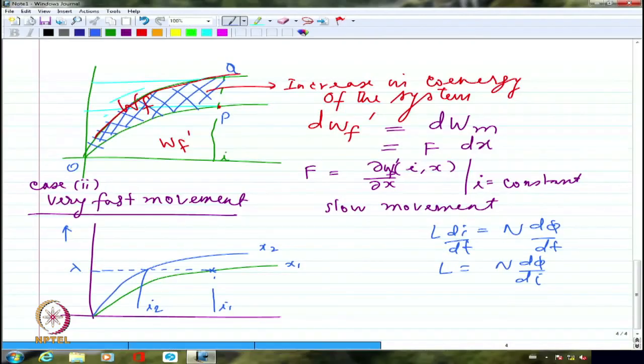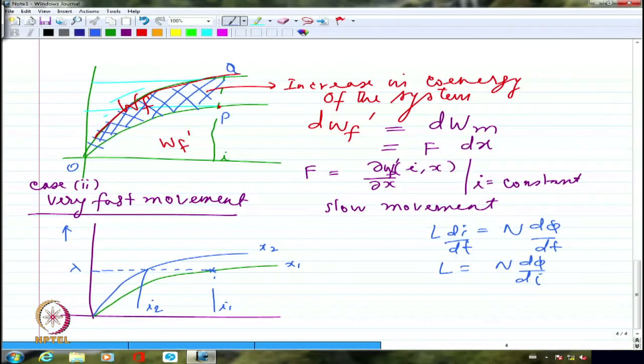So the circuit quantity that you are manifesting is by equating L equal to N d phi by di. So Faraday's law came first probably, and then the inductance was introduced. That's how it was. So the inductance is basically the representation of the magnetism in circuit parameters. That's all. Okay? Fine.